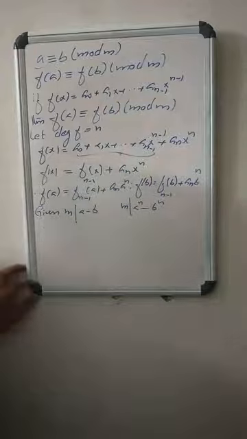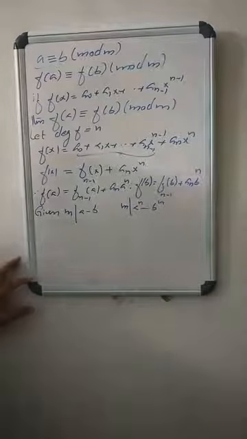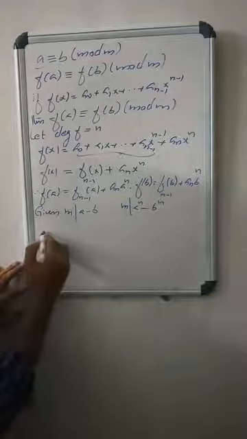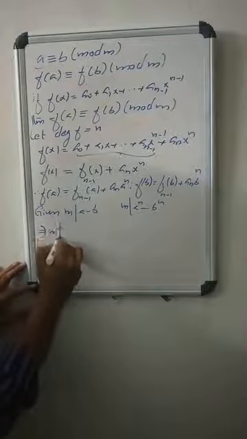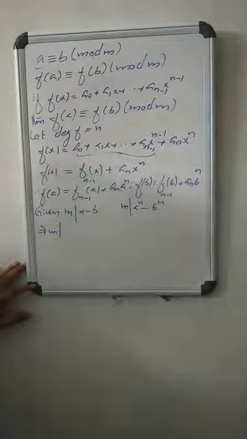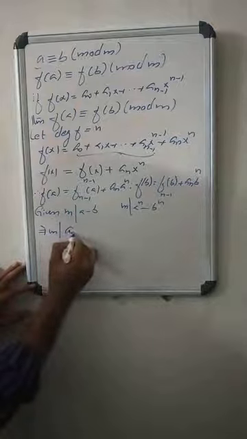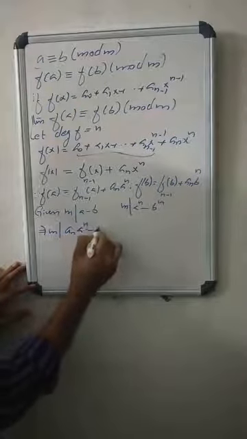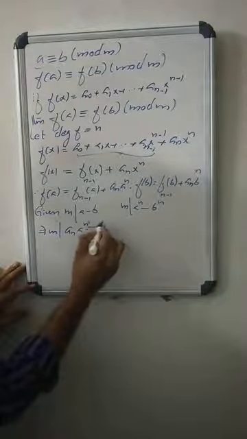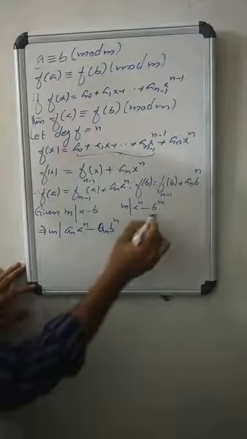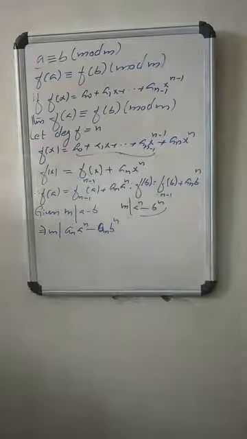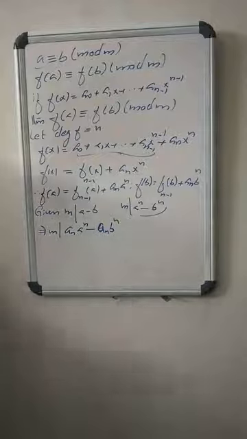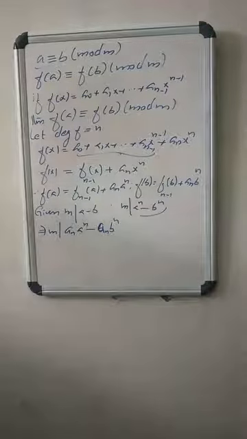Then m divides a^n minus b^n. That means m divides an times a^n minus an times b^n.